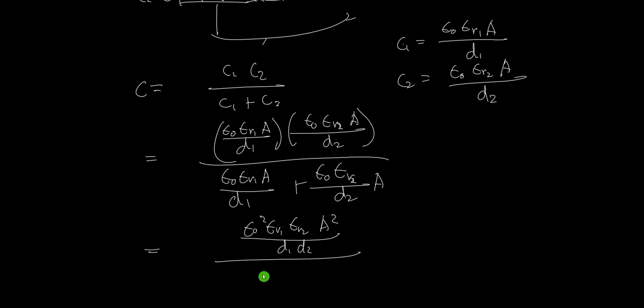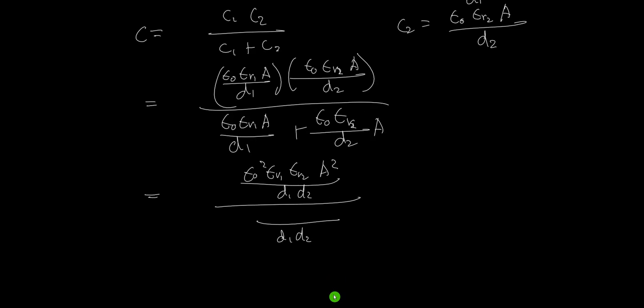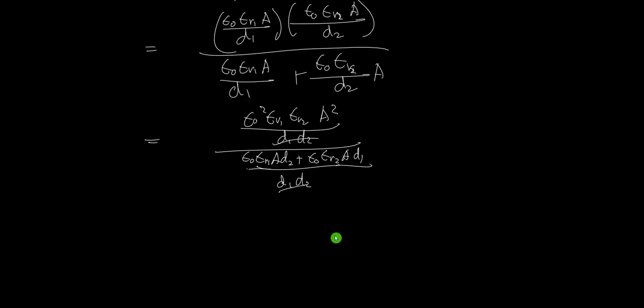For the denominator, we can make D1 and D2 our least common denominator. D1 D2 divided by D1 is D2. So this will be epsilon naught, epsilon R1 times A times D2, plus epsilon naught, epsilon R2, A times D1. So we can cancel this and this. We can also cancel the epsilon naught in the numerator and in the denominator.